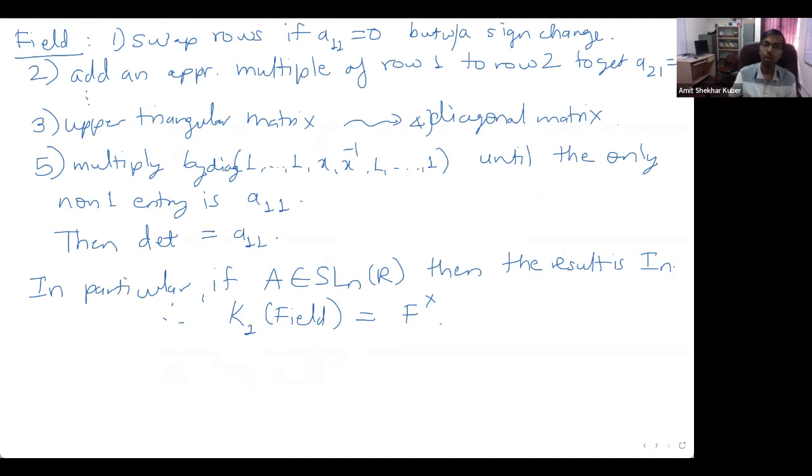Okay, so this is what happened for a field. What can we say about a division ring? A division ring is not commutative, right? So I will say something about that. So non-commutative, or in general, local rings which have a unique two-sided maximal ideal.